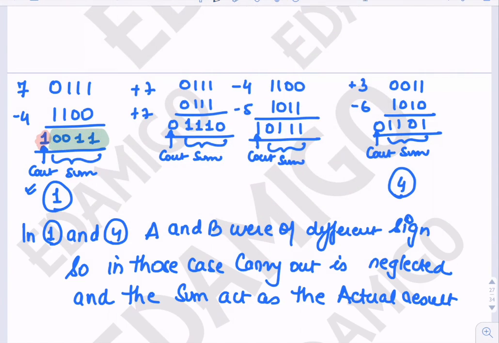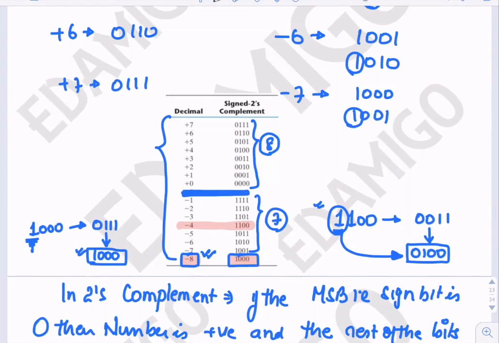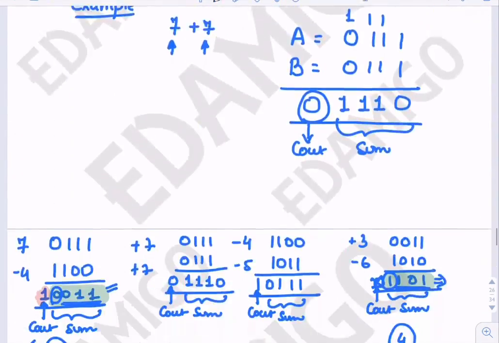Now here the result is this 0 0 1 1 with this as a sign bit and this as the magnitude bits. Similarly, here we will keep this 1 1 0 1 and we will neglect this. So this will act as a sign bit, and 1 0 1 will give us the magnitude. So 1 1 0 1 is minus 3, so that is correct.